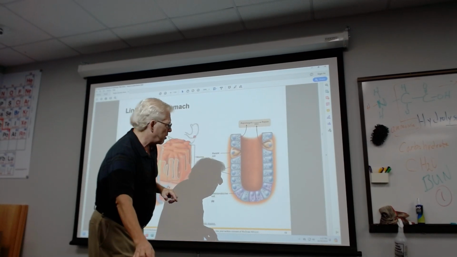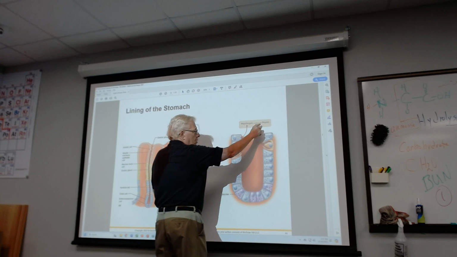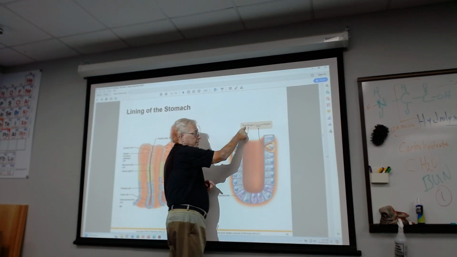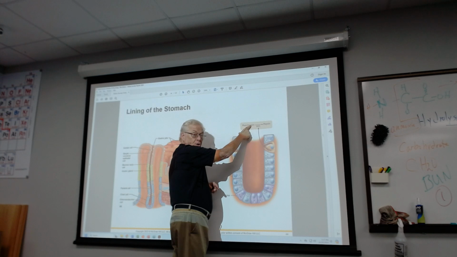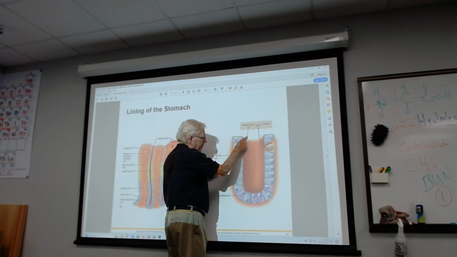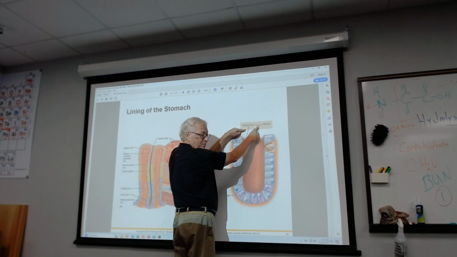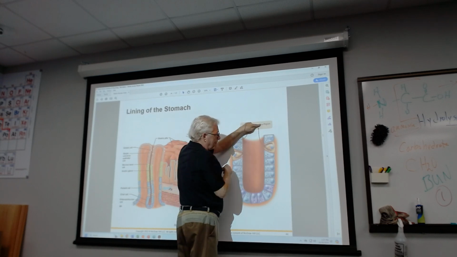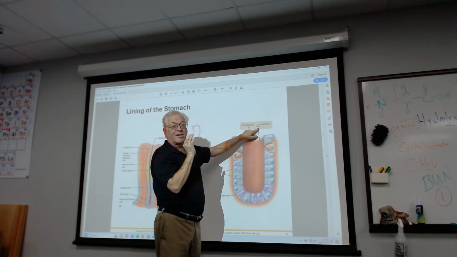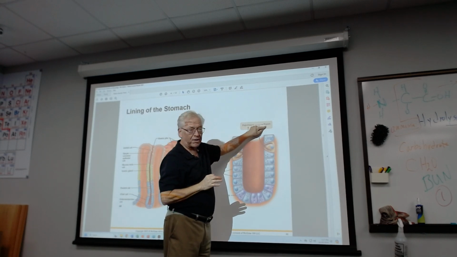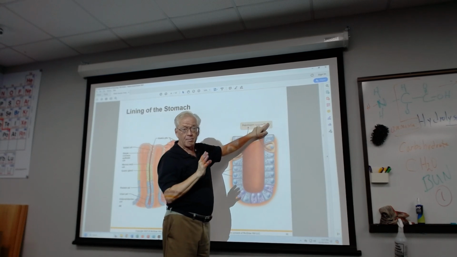What do we need to know is we don't make pepsin straight out. We start with a pepsinogen, a precursor. So the chief cells make the precursor, the parietal cells make acid, and when they come together, boom. In other words, the acid acts like the enzyme to speed up the process of making this enzyme pepsin.